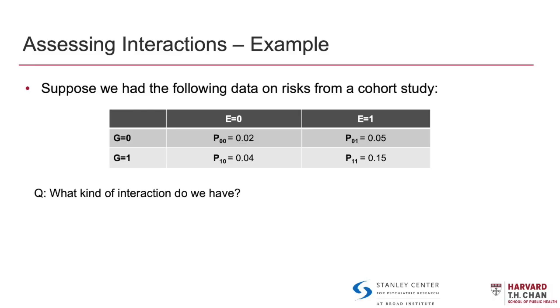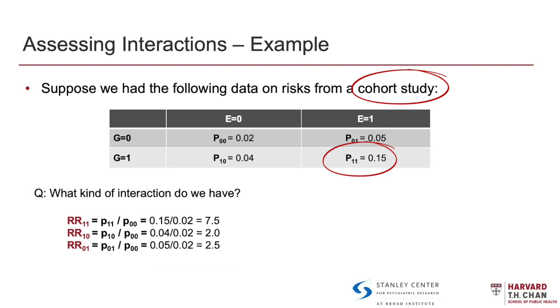If we look at this using a similar example that we have seen earlier, we can try to evaluate if there is evidence of multiplicative interaction by calculating the risk ratio. Because it's a cohort study, we would take the joint exposure where we have 0.015, and divide that by 0.02, and we would get the risk ratio for the cell. We would do the same for the environmental and genetic risk factor and calculate the risk ratios for each cell.